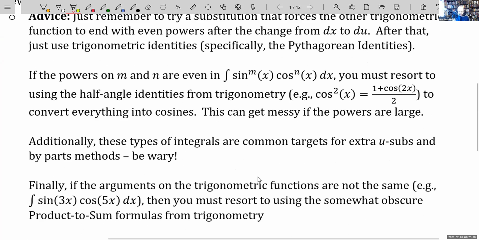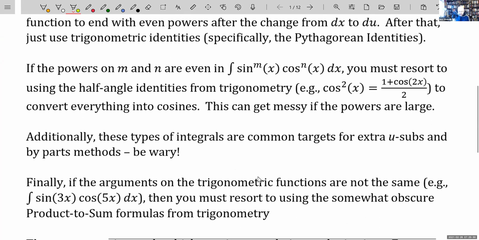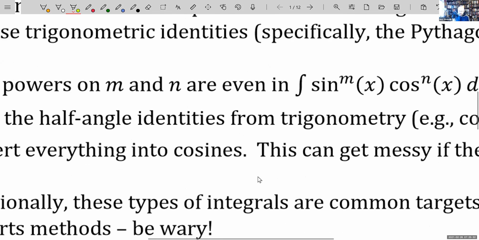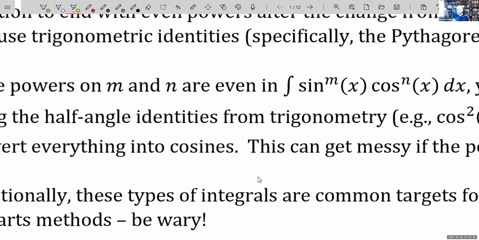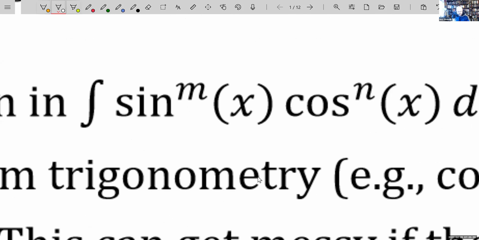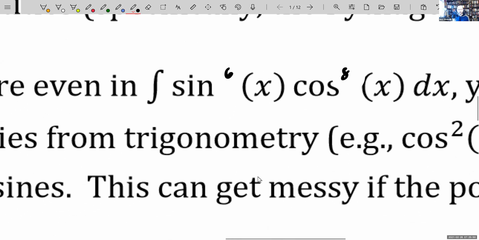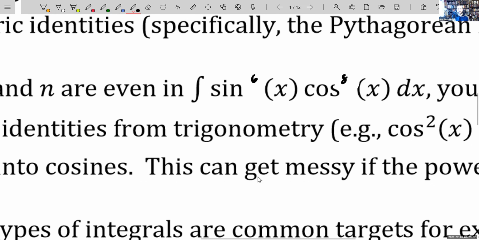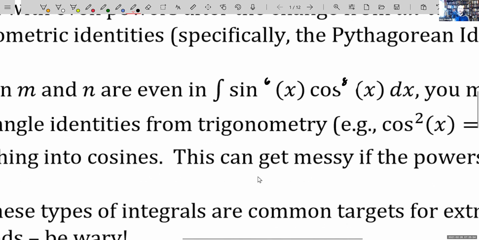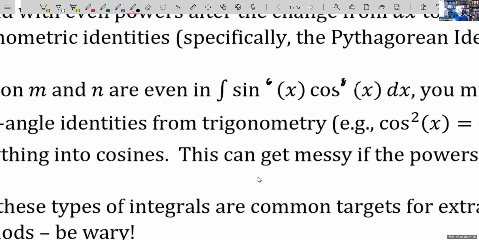If the powers on m and n, at least for the sine times the cosine, start as even, in other words, if they're both even, so let's pretend for a second that this is sine to the 6th and cosine to the 8th, then you're in the worst possible case scenario, because when you have even powers like that on sine and cosine multiplying, then you have to do power reduction formulas, and that can be an absolute mess.